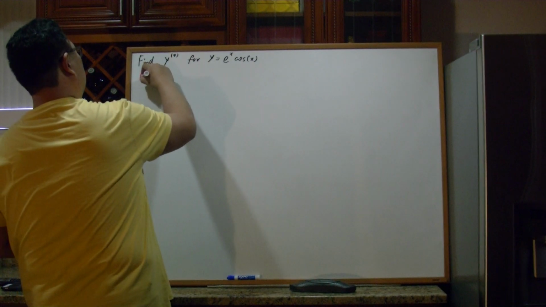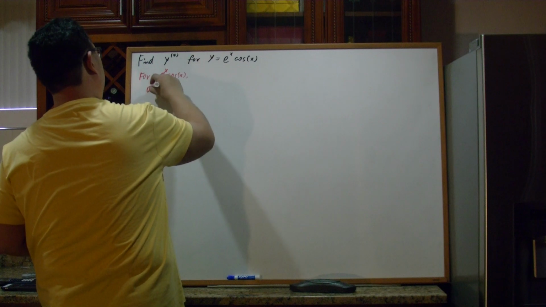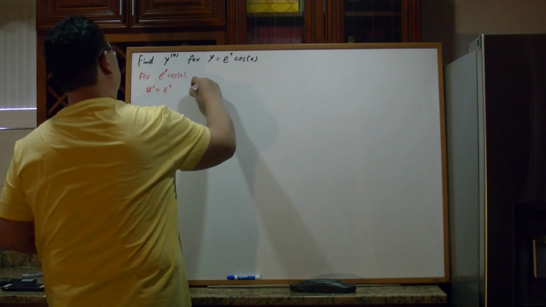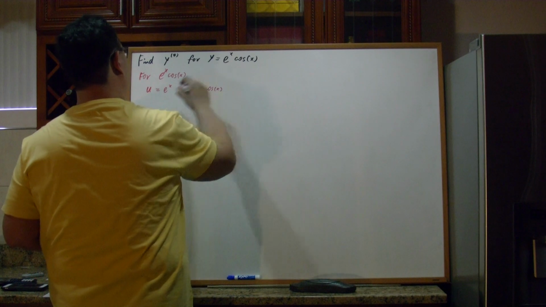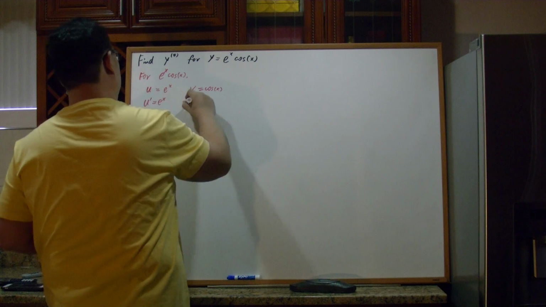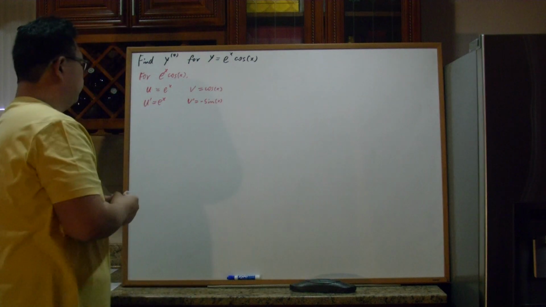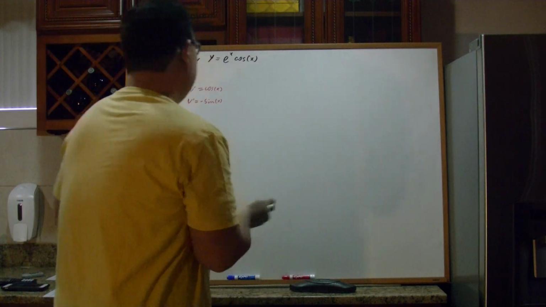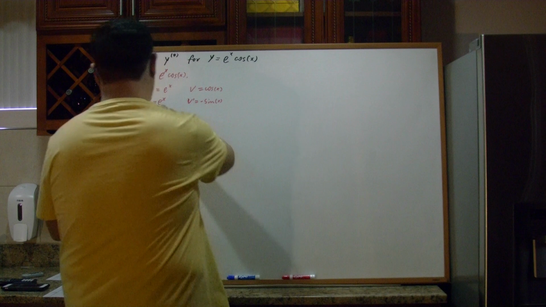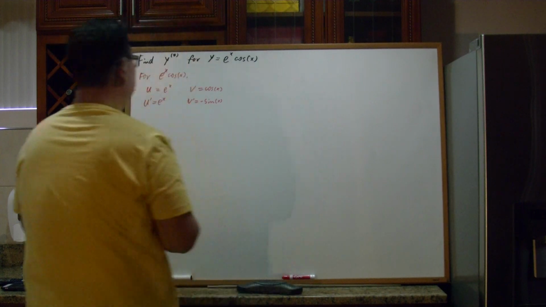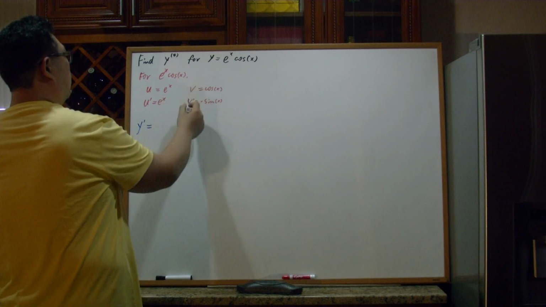For e to the x cosine of x, we let u be e to the x and v be cosine of x. Therefore, our u prime is e to the x, and our v prime is negative sine of x. So our first derivative y prime is u prime v plus v prime u.